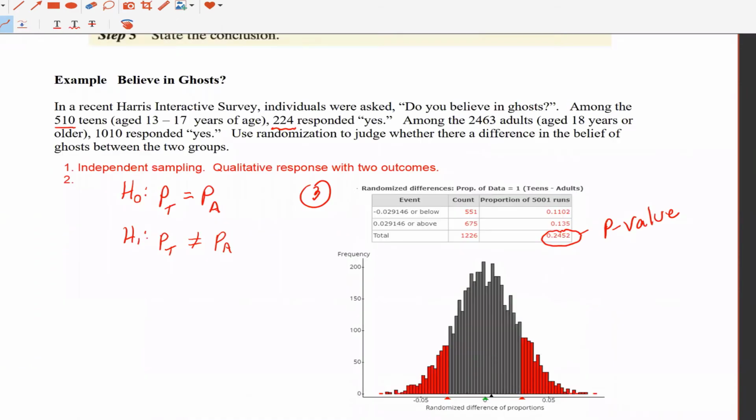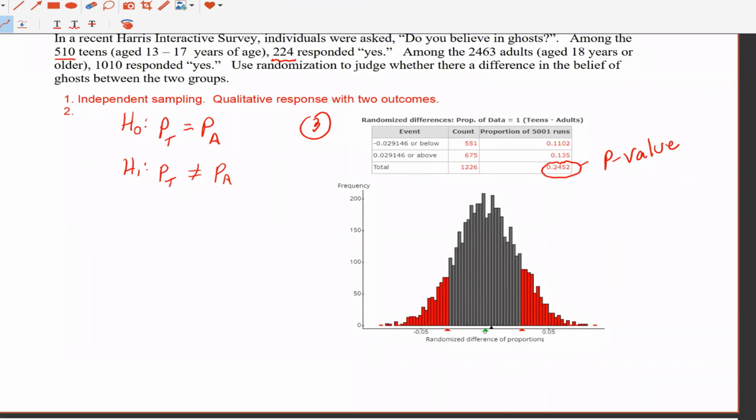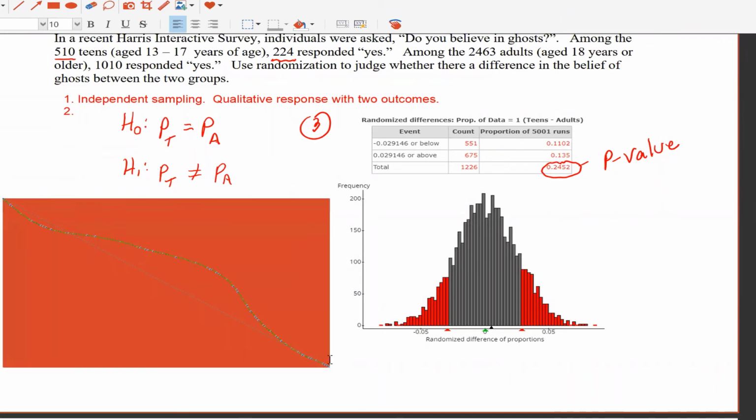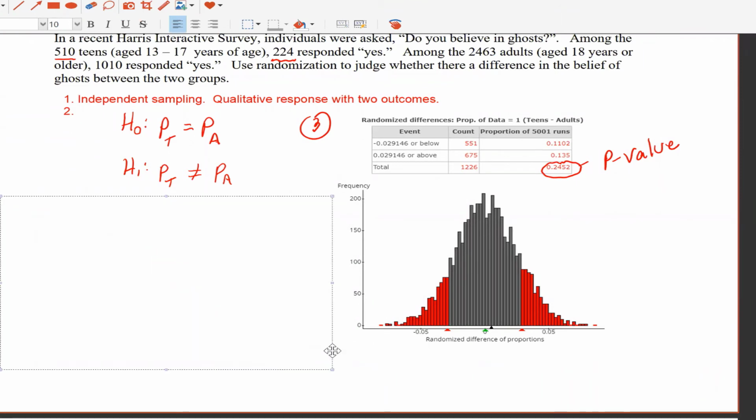And then step 5 is just to state your conclusion. So I'm going to interpret the p-value, and then we'll state our conclusion.